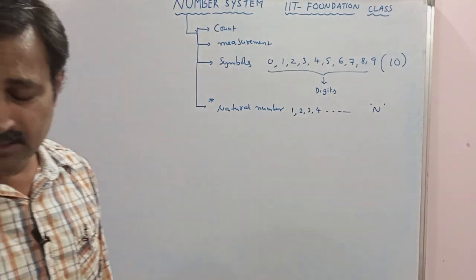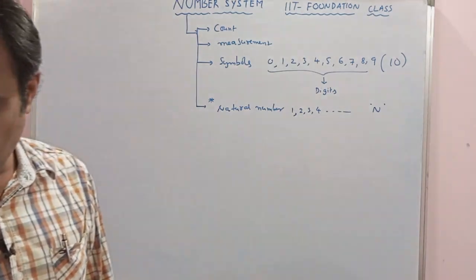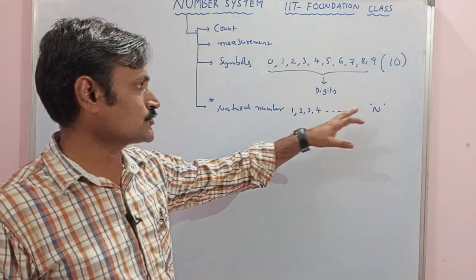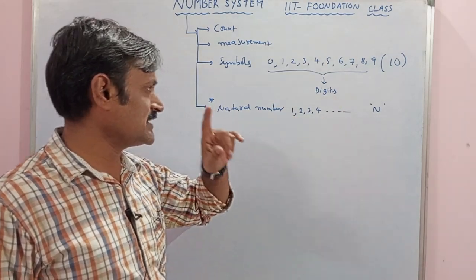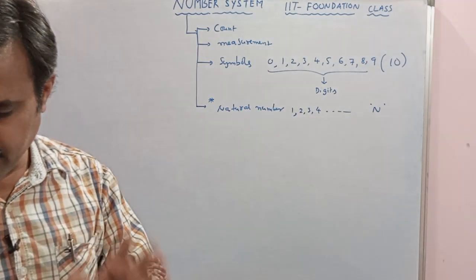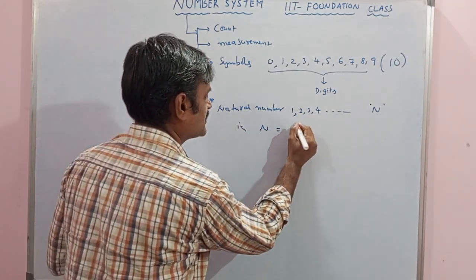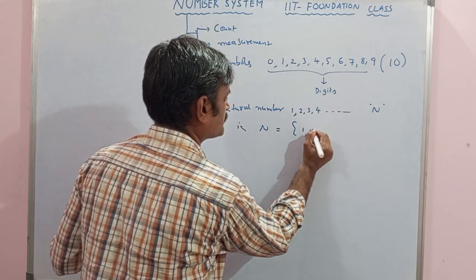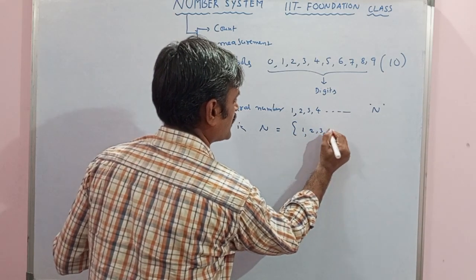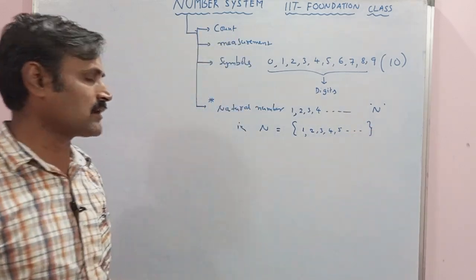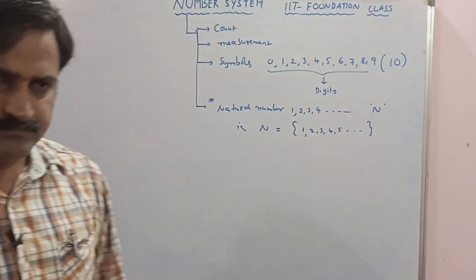The symbol for natural numbers is capital N. N is equal to 1, 2, 3, 4, 5 and so on. These are called natural numbers.